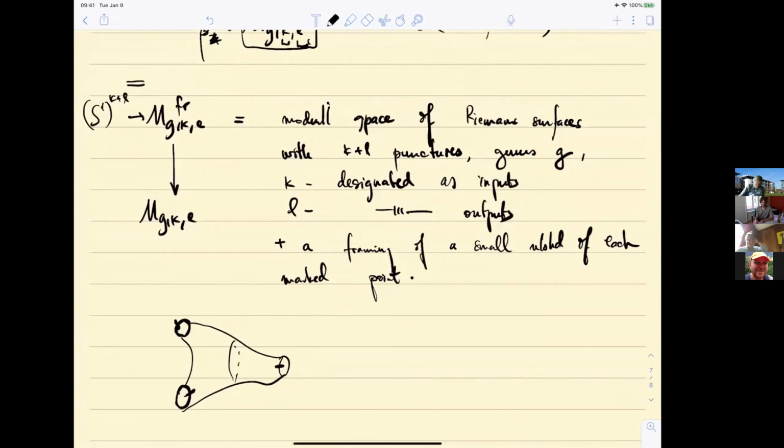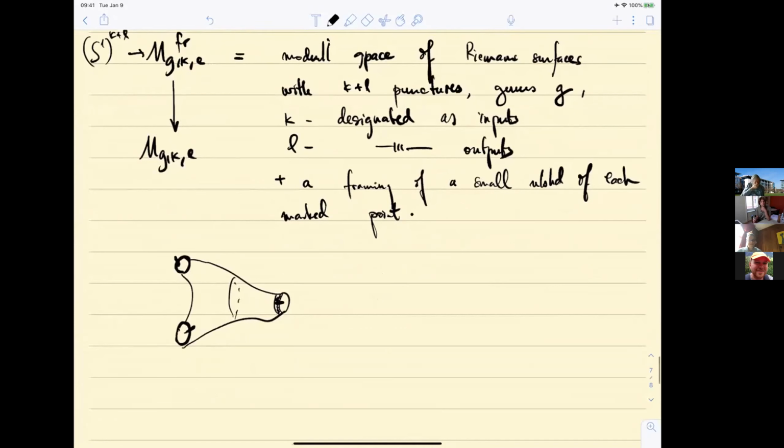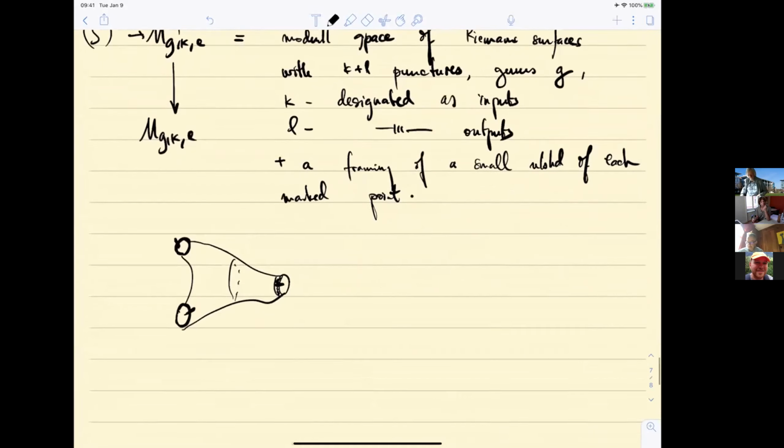All that I'm doing is for every marked surface, I choose a framing. One other way of saying is I pick an isomorphism of a collar around each marked point with a standard punctured disk in C. Homotopically, up to homotopy, this is the same thing as an S^1 choice.